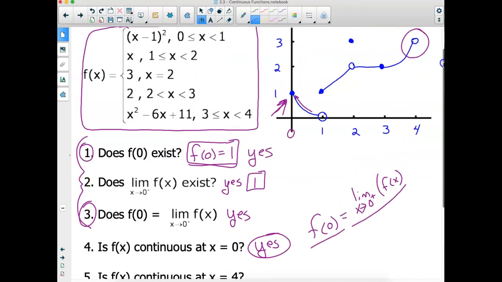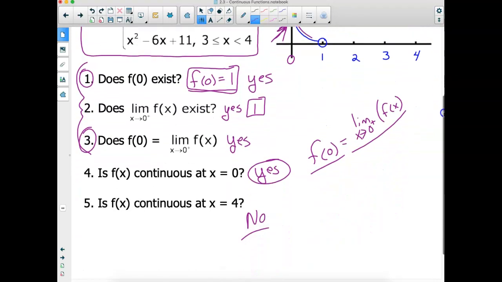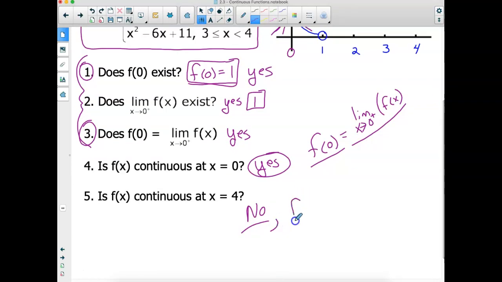Why is it not continuous right here? What's going wrong? Rule number 1 is going wrong. It is not continuous because f of 4 is undefined. Another way to say that is x equals 4 is not in the domain.